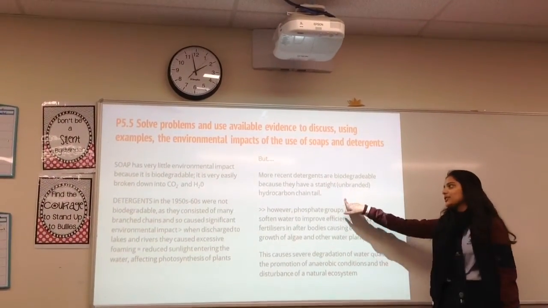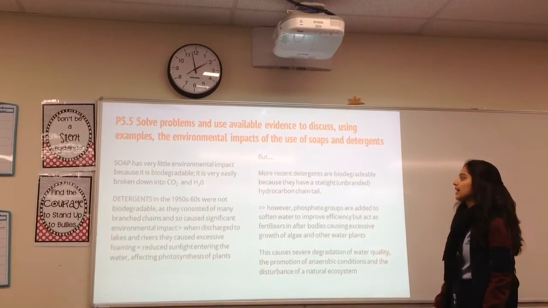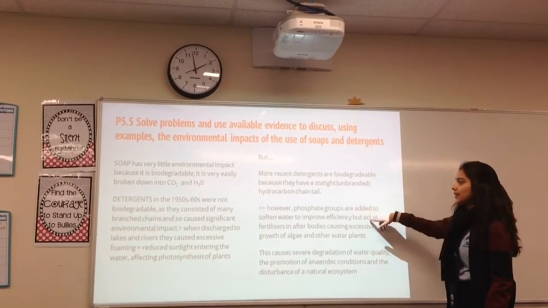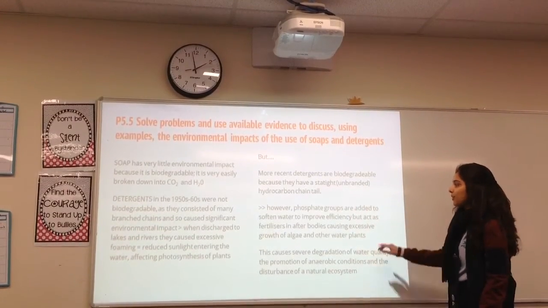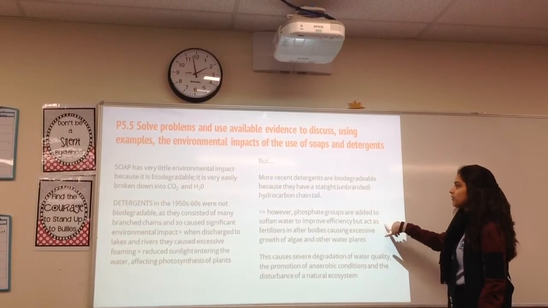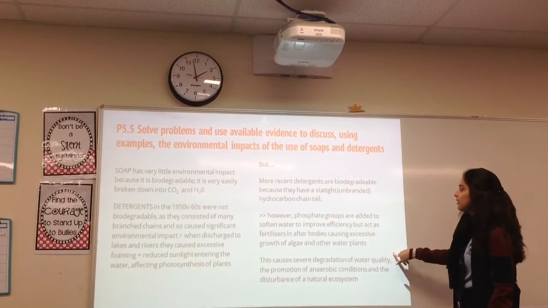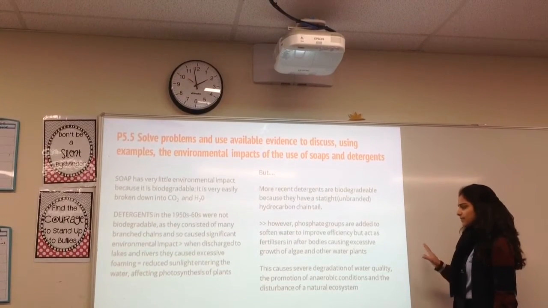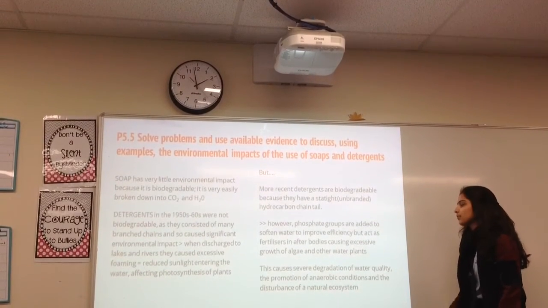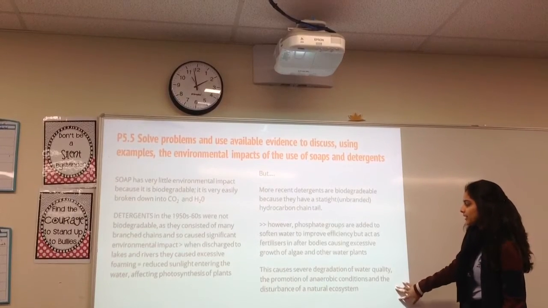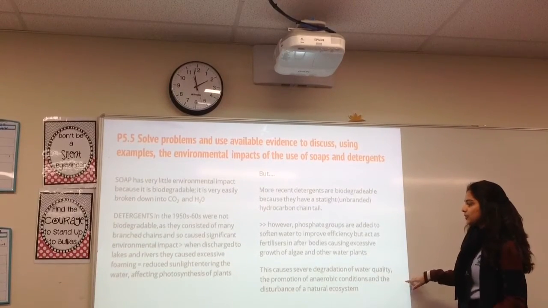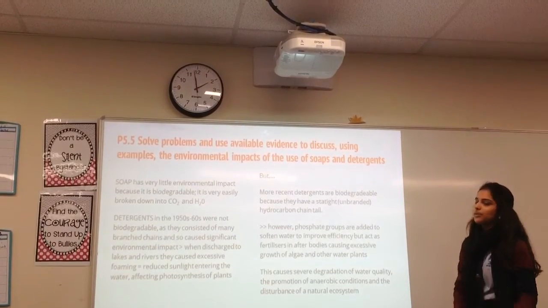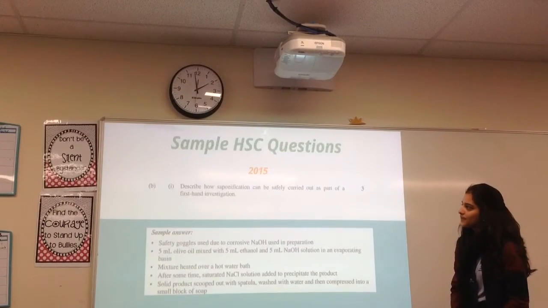But most detergents are biodegradable now because they have a straight, unbranched hydrocarbon chain tail. But phosphate groups are added to soften water to improve efficiency, but act as fertilizers in water bodies, causing excessive growth of algae and other water plants. This causes severe degradation of water quality, the promotion of anaerobic conditions, and the disturbance of the natural ecosystem.